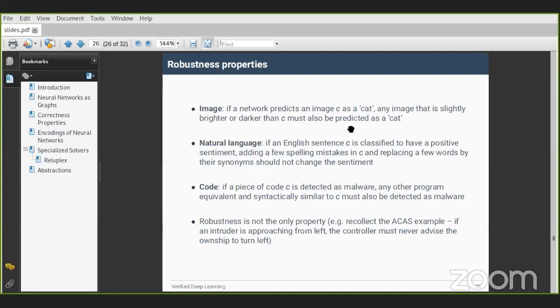But remember that we are already asking questions which are domain specific, right? For instance, the remark that we made just now, that if it's equivalent, it had better be detected as malware, and there are no other questions to be asked. But how do we know that? Maybe it's true about this domain that if it is equivalent semantically, then there's no question of one being malware and the other not.